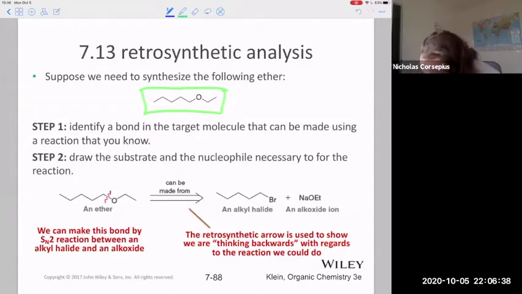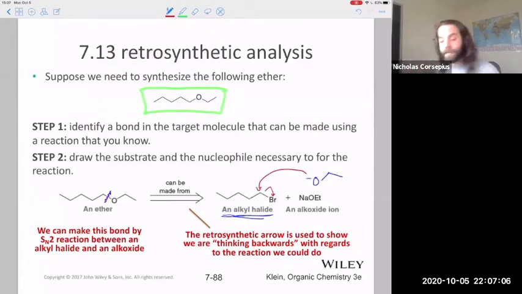So in this case, we know that we can make these oxygen-carbon bonds through SN2 type reactions, right? So for example, if we started out with an alkyl halide and then we tossed in an alkoxide, in this case an ethoxide, we would be able to form that product through an SN2 type reaction, okay?